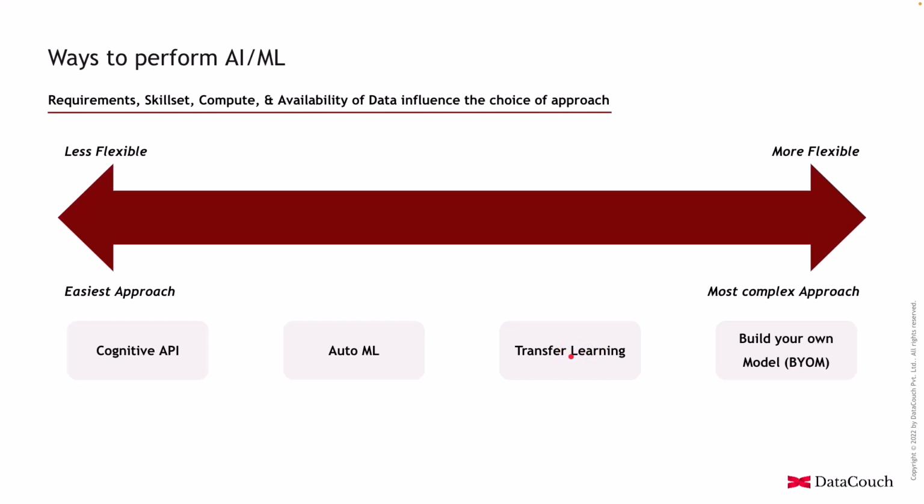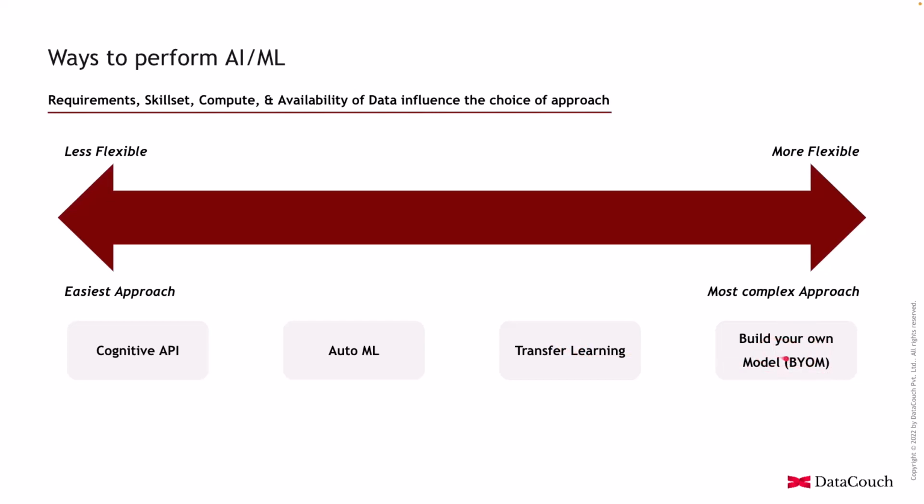So this is like acquiring the knowledge of a pre-existing model, but giving some additional data specific to your domain and training some of the layers of the neural network so that it can be more specialized rather than generic.